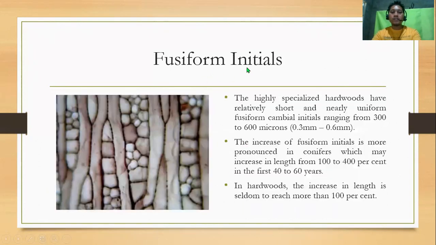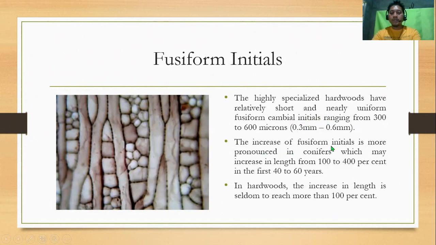These elongated cells are the fusiform initials. The highly specialized hardwoods have relatively short and nearly uniform fusiform cambial initials ranging from 300 to 600 microns. So when we compare, the fusiform initials are longer in conifers than in angiosperms or hardwoods.